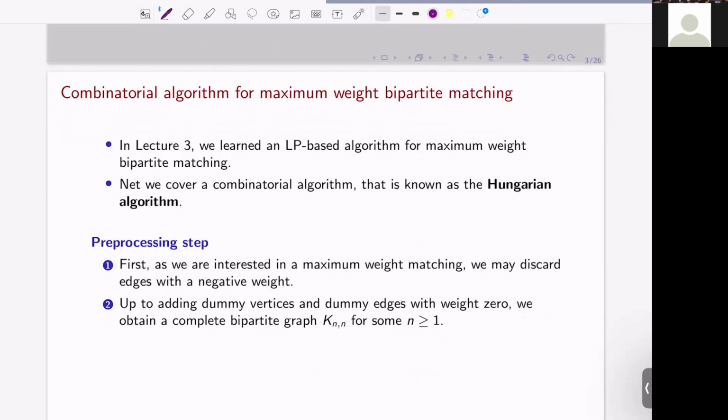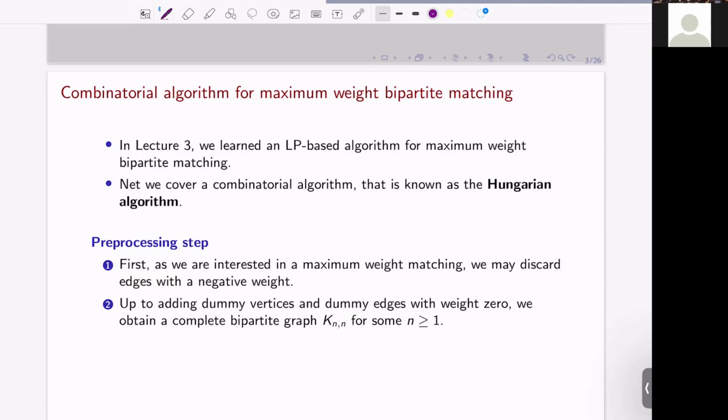Then we have a complete bipartite graph, but maybe the left side has a smaller number of vertices than the right. In that case, we add dummy vertices on the left so that we can balance the number of vertices on the left and the right. Then we get a complete bipartite graph where the two sides have the same number of vertices. That is the pre-processing step.